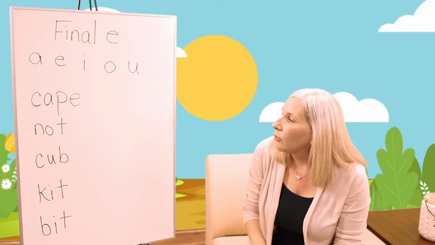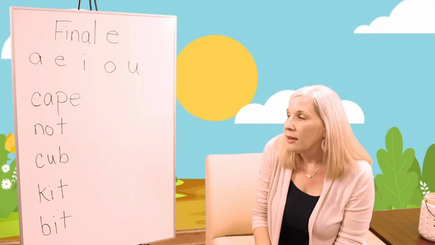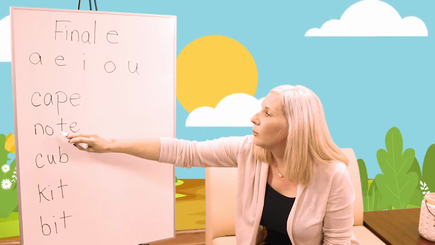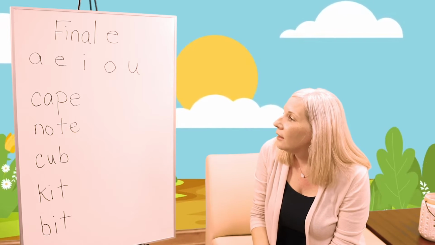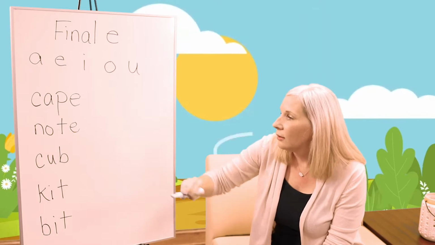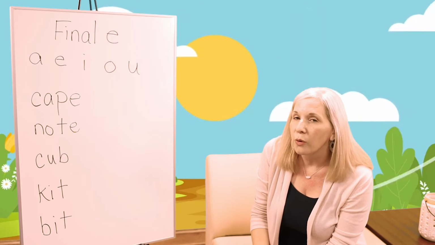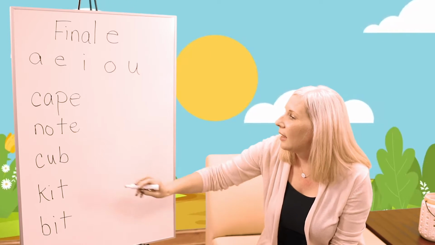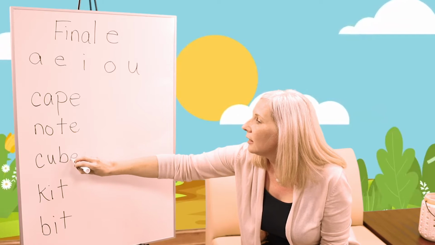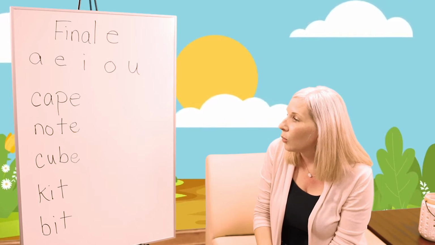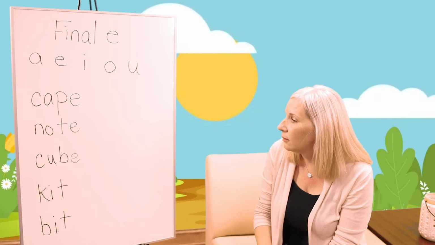In not, our vowel sound is the short sound ah, but if we add final E to the end, it will make O say its name, and this word now becomes note. We also have the word cub. Our short vowel sound for cub is uh, and if we add final E, it's now going to make this sound say U, so our word becomes cube.